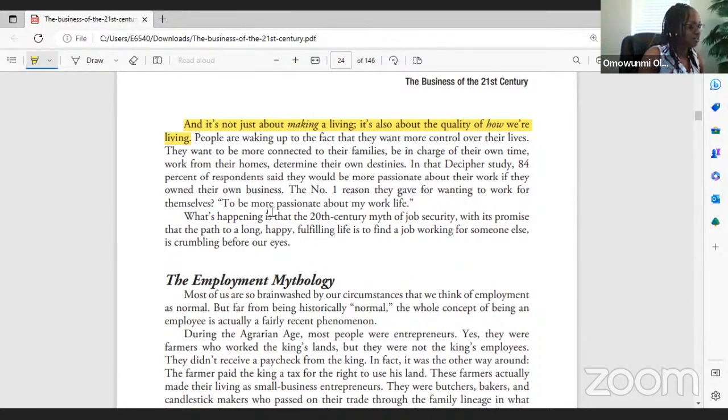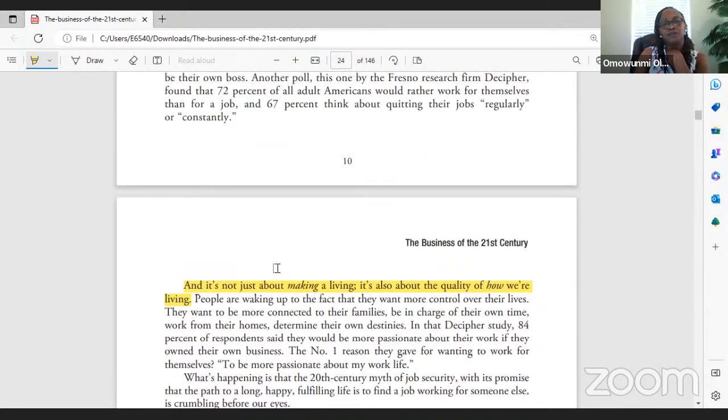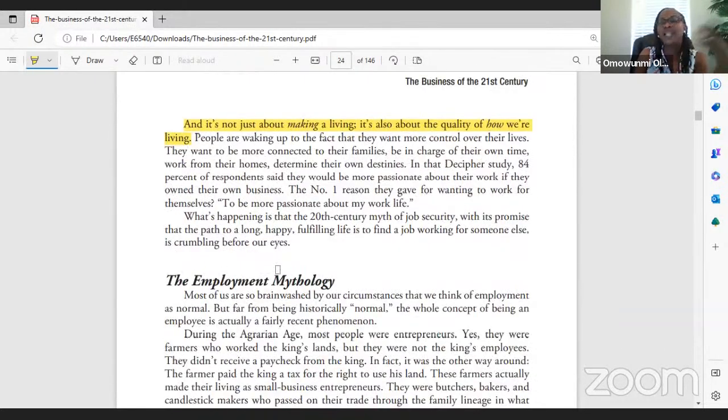But I love the challenge, or the thought-provoking statement by Robert here. He says, it's not just about making a living. It's also about the quality of how we're living. What is the quality of your life? Do you want to stay in that 9 to 5, in that constant grinding, working for that employer all your productive years?